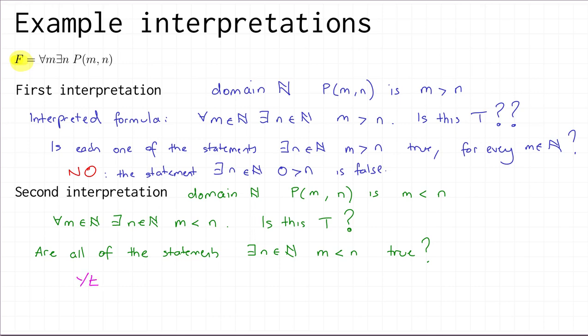So yes. Because if m was 0, then you could take n to be 1. If m was 1, then you could take n to be 2. If m was 2, then you could take n to be 3, or 5, or 1,000,000. And whatever m was, you can always find a larger natural number.